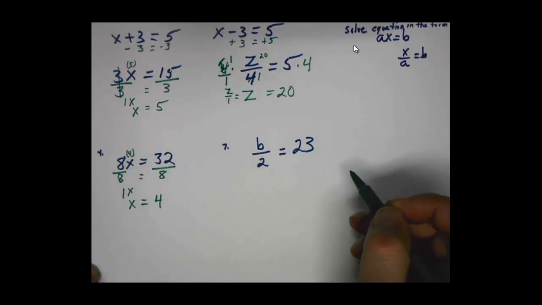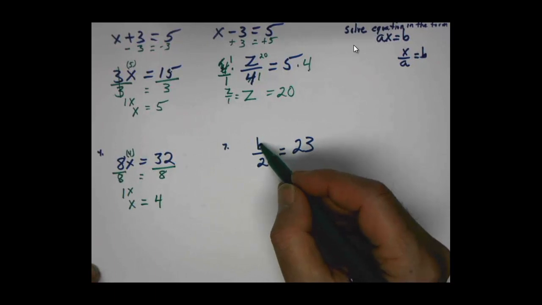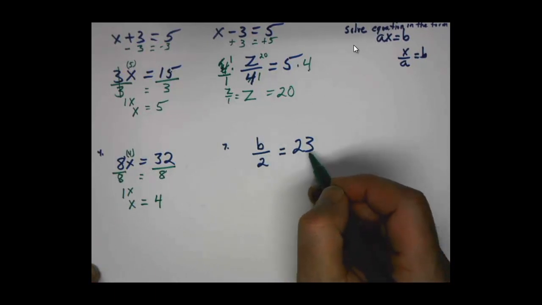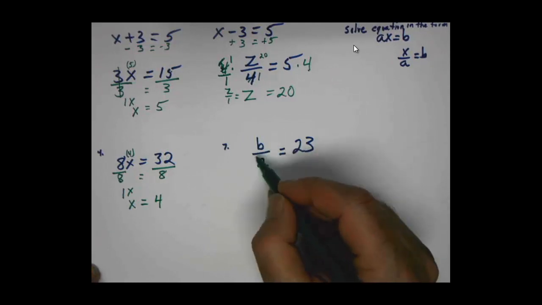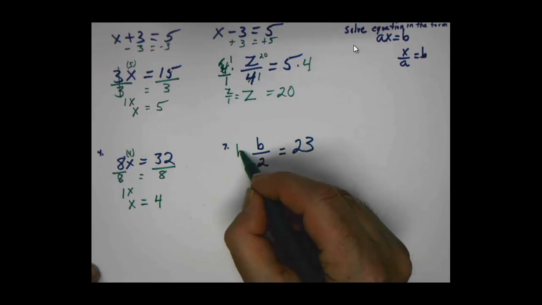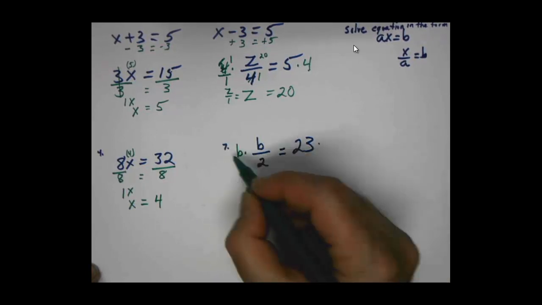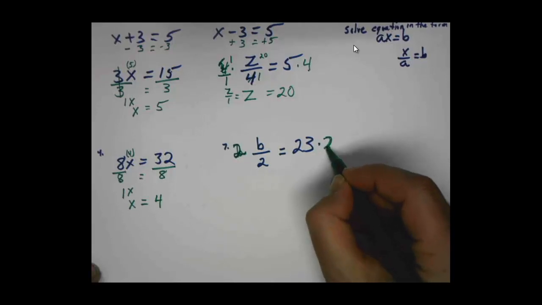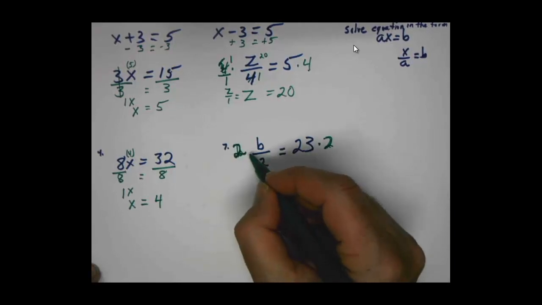Everything's good. Problem number 7 is b divided by 2 equals 23. Numbers are just getting a little bigger to work with here. So the opposite of divide by 2 is to times by 2. And we do it to both sides. Times by 2 to both sides.